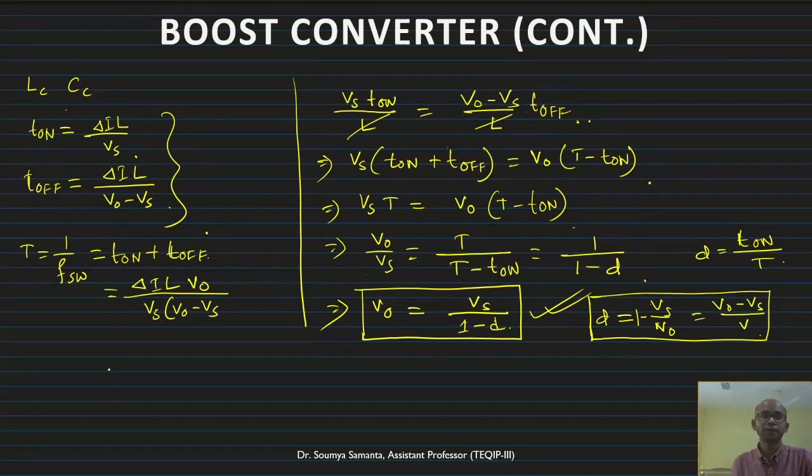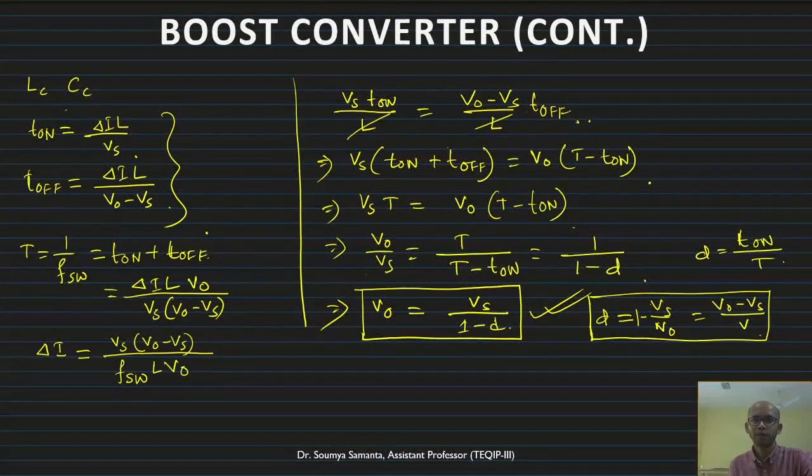From there we can find the expression for delta I in terms of switching frequency: delta I equals Vs into (Vo minus Vs) by FSW, L and Vo. This is the current expression.